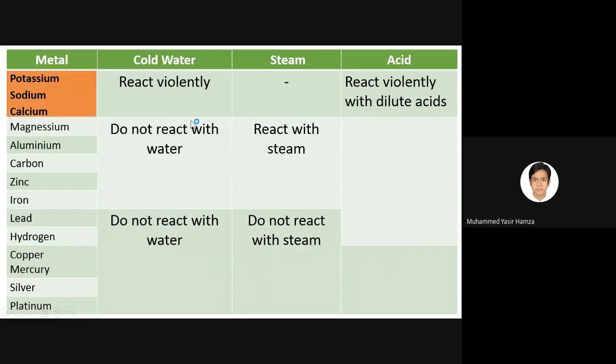As we can see, when these metals react with water, they react violently. The same thing happens with acid, because this is dilute acid, meaning there is more water. So why would they not react violently? Here they will react with dilute acids very violently.